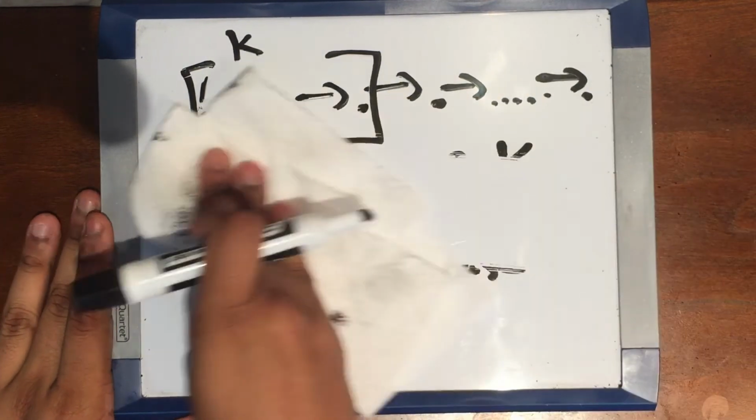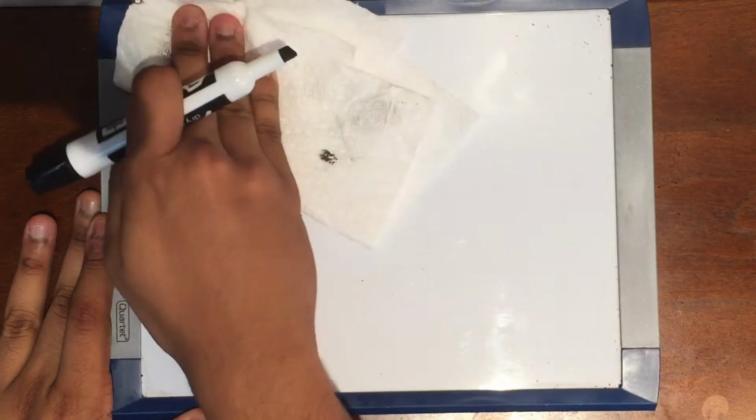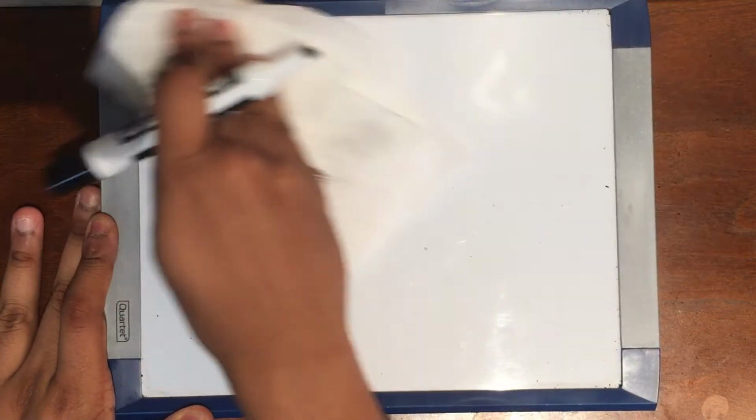Okay, so let's prove our least upper bound through a contradiction proof, which is one of the best ways of proving things in analysis and one of the most common ways you'll see proofs in analysis.